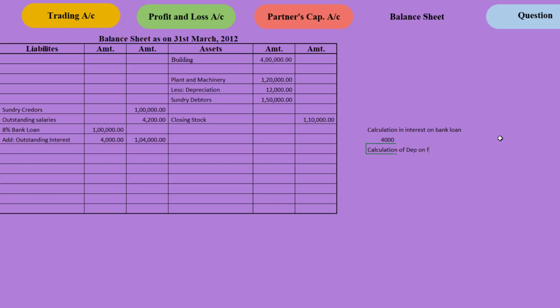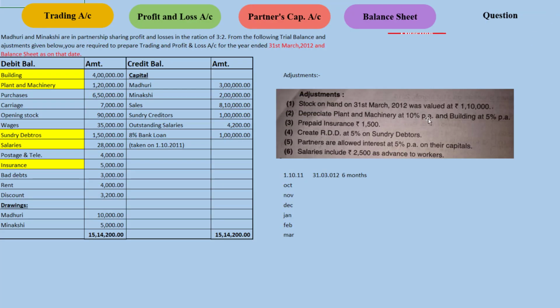Depreciation on fixed assets. First of all, value of asset is to be written, then into rate of depreciation is 10%.